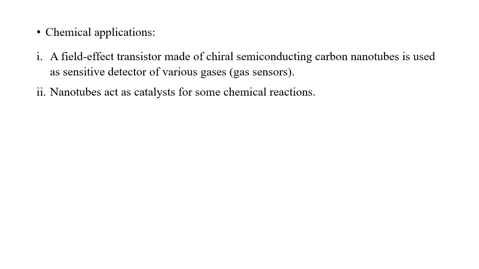A field effect transistor made of chiral semiconducting carbon nanotubes is used as a sensitive detector of various gases, that is, gas sensors. Nanotubes act as catalysts for some chemical reactions.